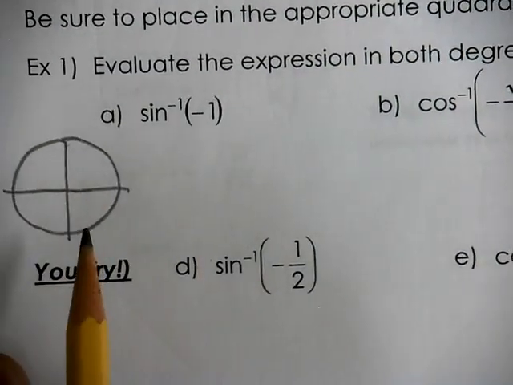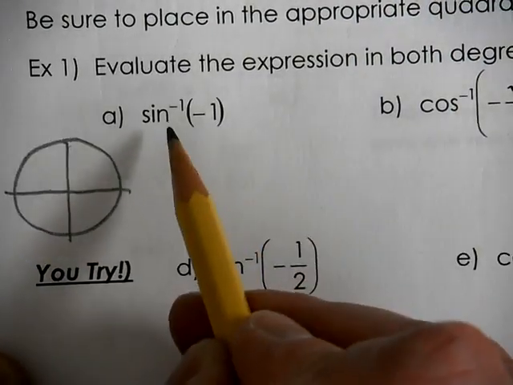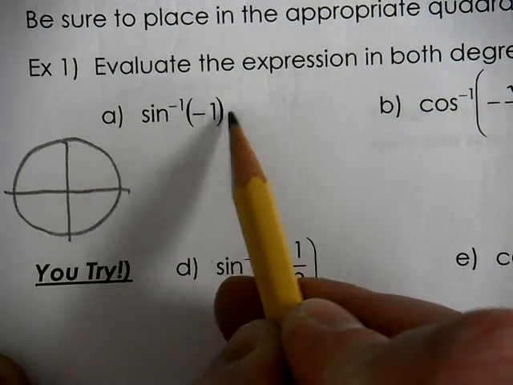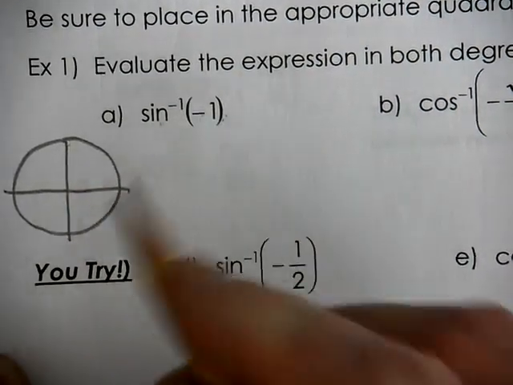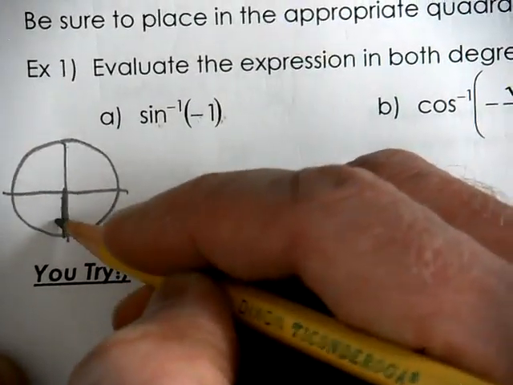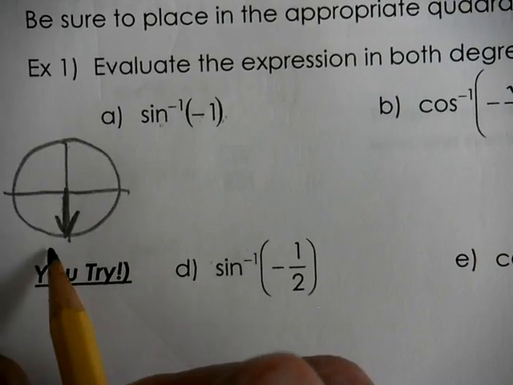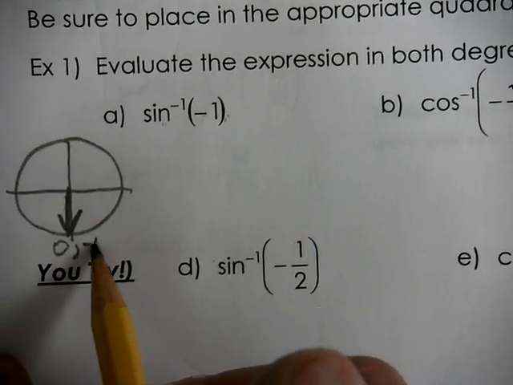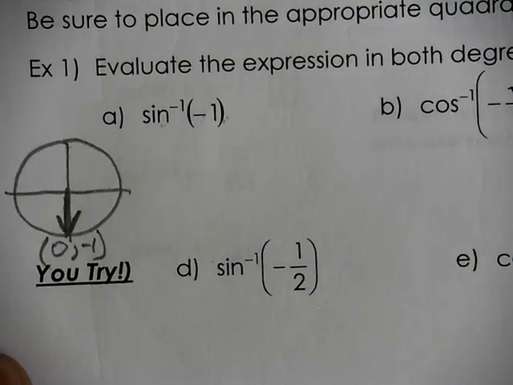You could either do it mentally, but I would love to see your picture. Where is sine negative 1? Where's the y value negative 1? Well, that's only going to be straight down. This coordinate is 0 for x, negative 1 for y. That's the only spot on the unit circle where the y value is negative 1.